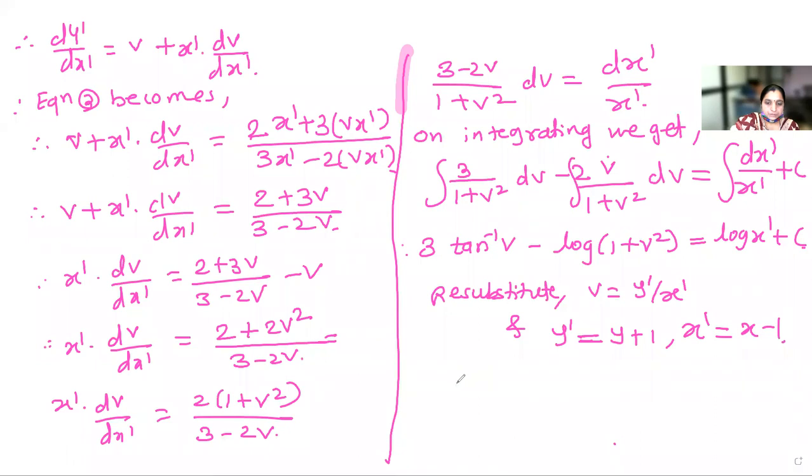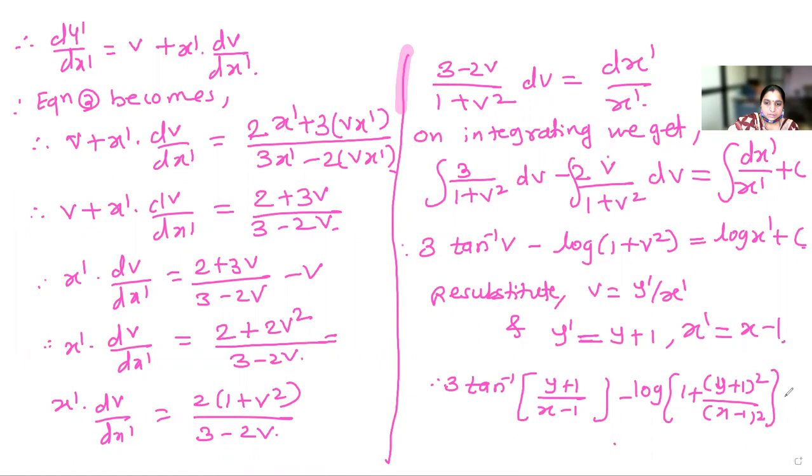therefore tan inverse v, which means y dash upon x dash, y dash means y plus k, sorry, y plus 1 divided by x minus 1, minus log of 1 plus v square. What is v square? y dash upon x dash means y plus 1 bracket square divided by x minus 1 bracket square is equal to log of x dash.